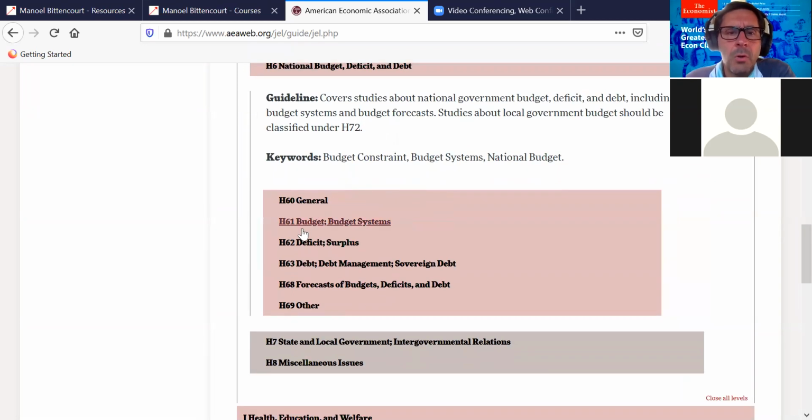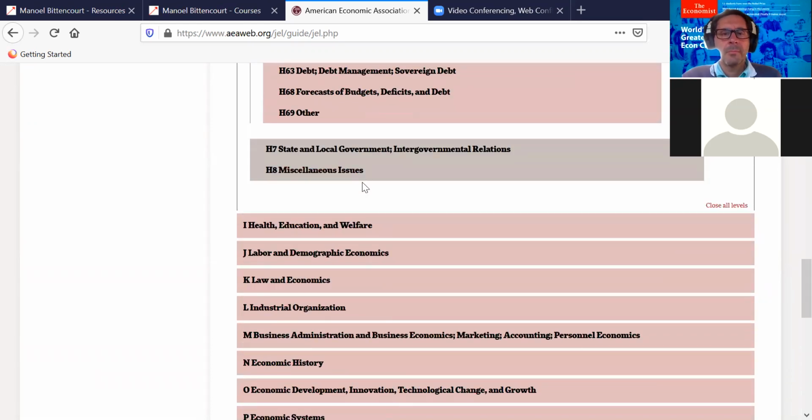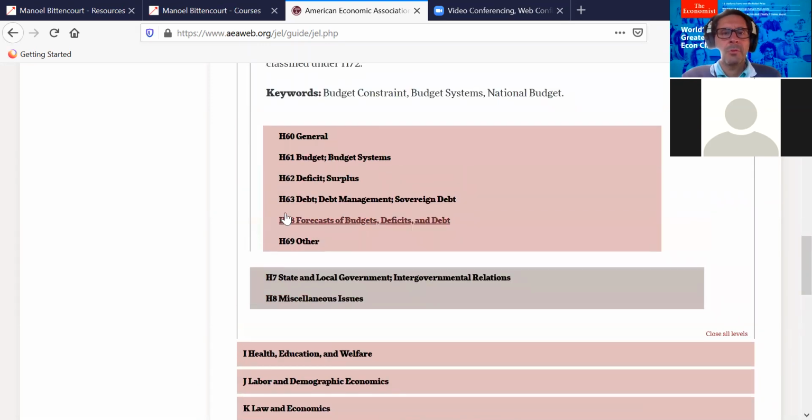Then I put also H63, which is debt management, sovereign debt.